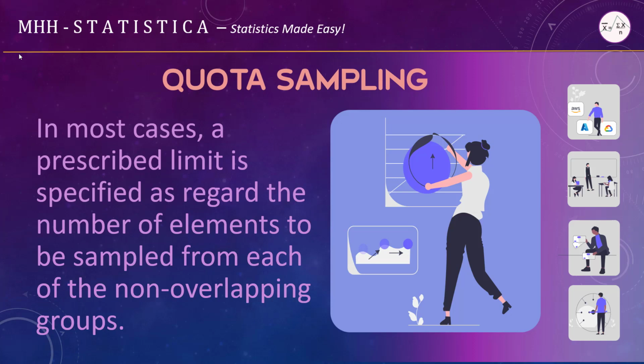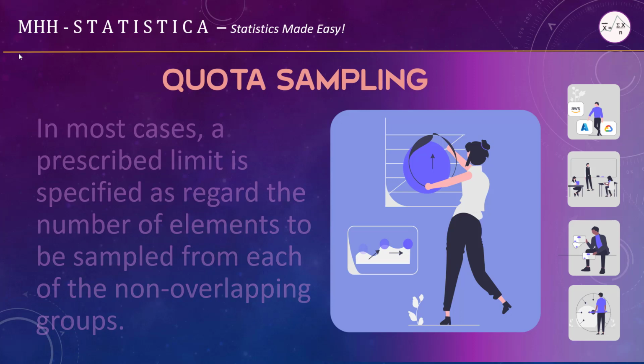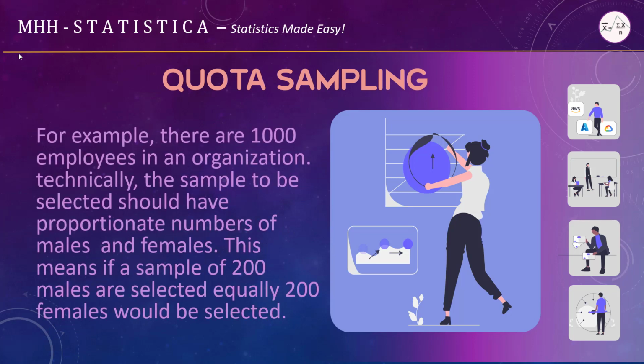In this case, a certain limit of participants is needed to participate in the sample. For example, if there are 100 employees in an organization, technically, the sample to be selected should have proportionate numbers of males and females. This means if a sample of 200 males are selected, equally 200 females would be selected.